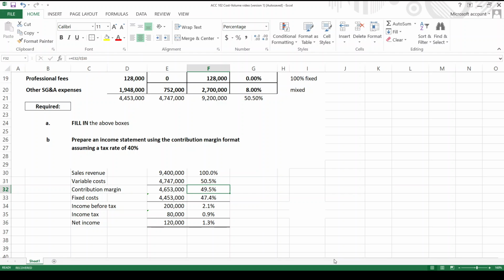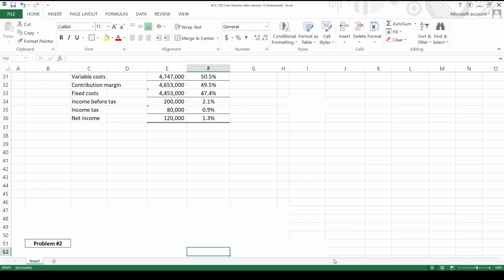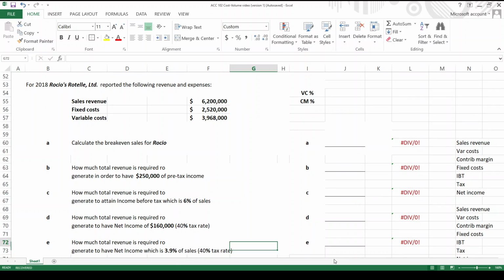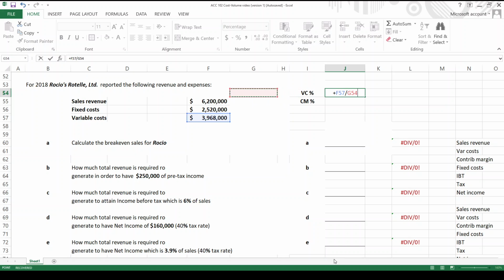Contribution margin percentage, because that's the number we're going to use in our formulas. All right, so how do we calculate that? Well, what's our variable cost as a percentage of sales here? I got 3968, and I'll divide by 6.2 million. Comes out to 64%. Now, what do we know?